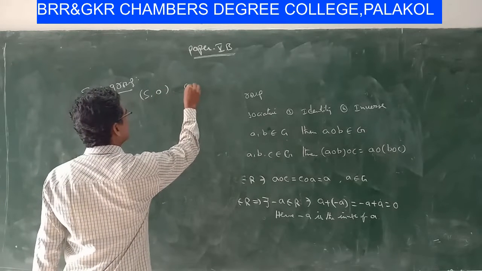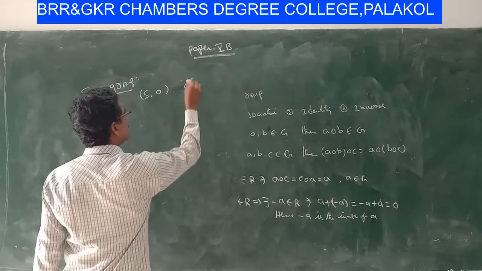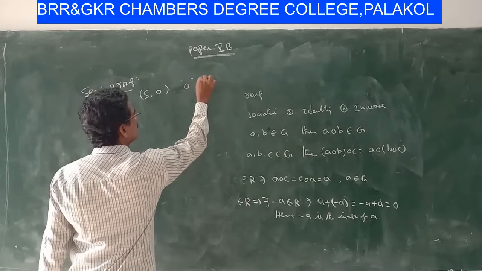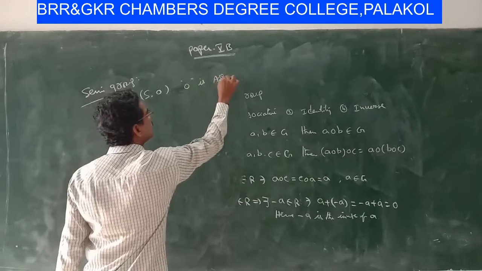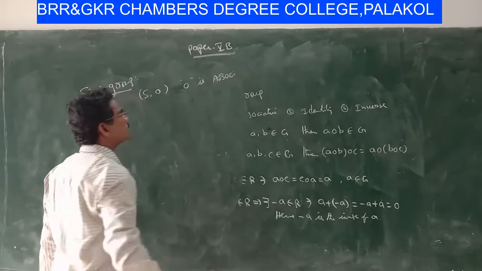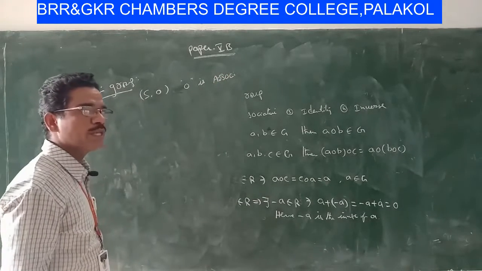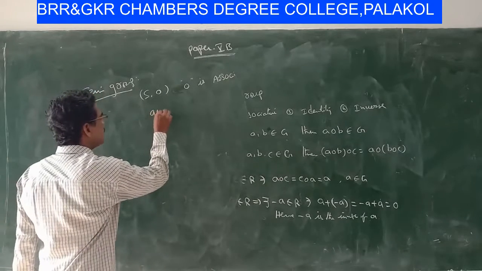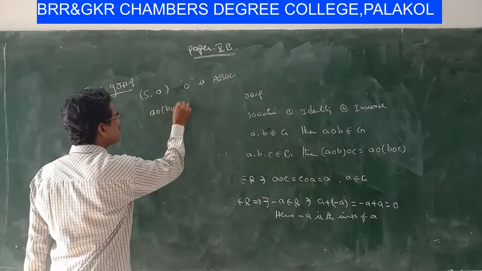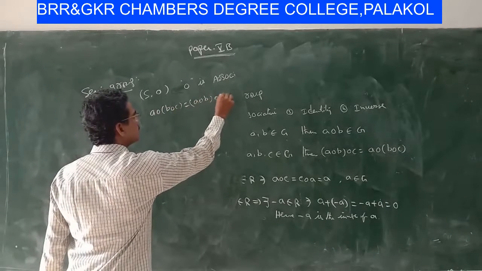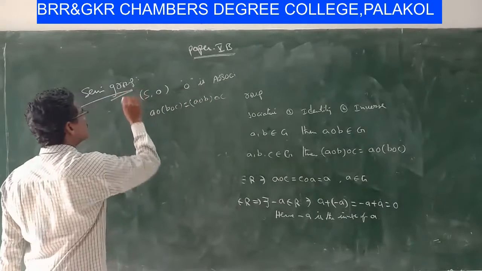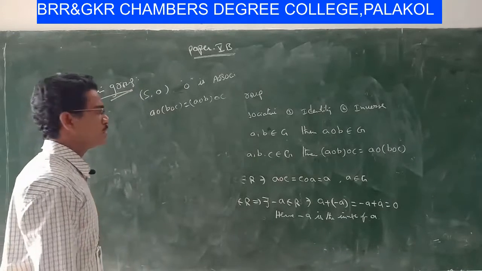Then circle is the operation. Circle is the binary operation. Circle is associative. The circle is associative. That means A circle of B circle C equal to A circle B circle C. It is semi-group. Okay.